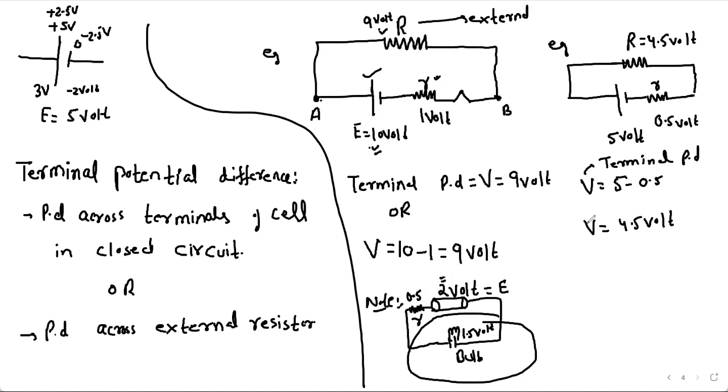That 2 volt is not available to use. The part of the EMF that is available to be used is the terminal potential difference. Some will drop across the internal resistance, so the voltage across the internal resistance can be considered as wastage of your EMF, wastage of your energy. The available part is the terminal potential difference.